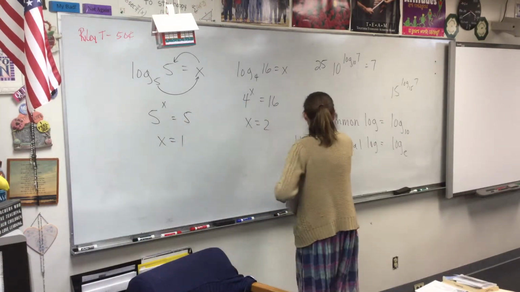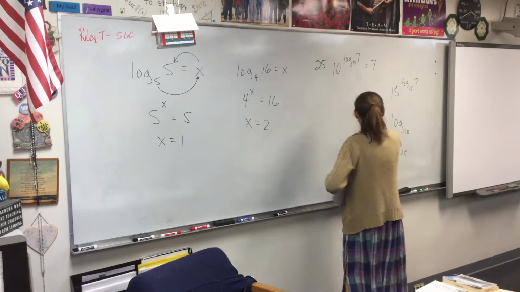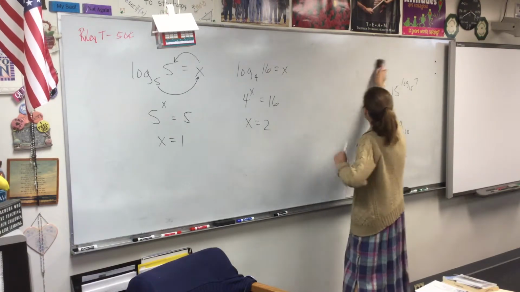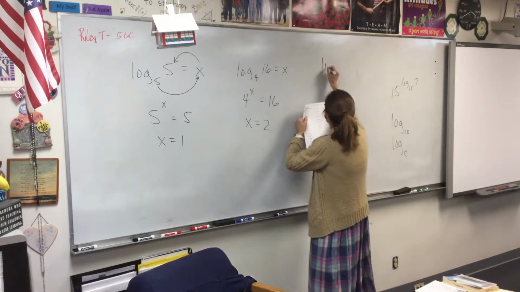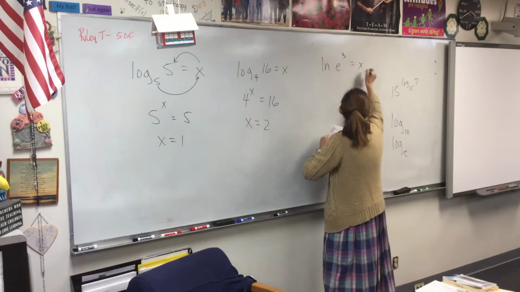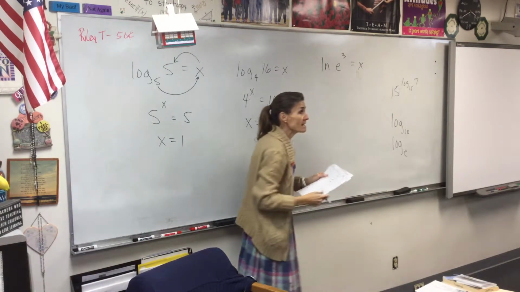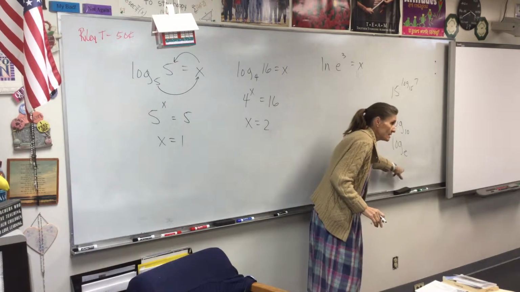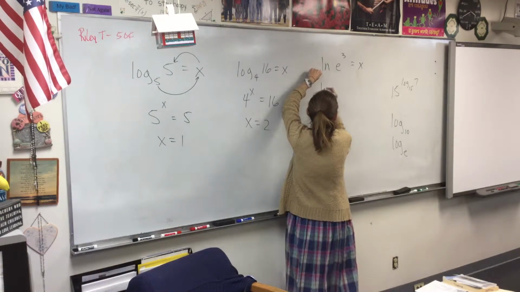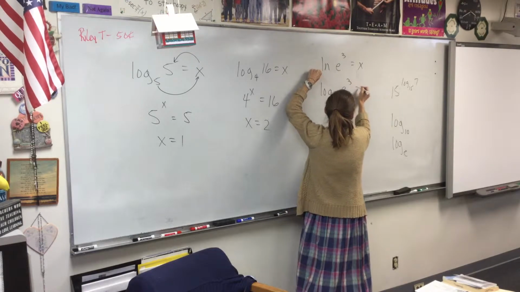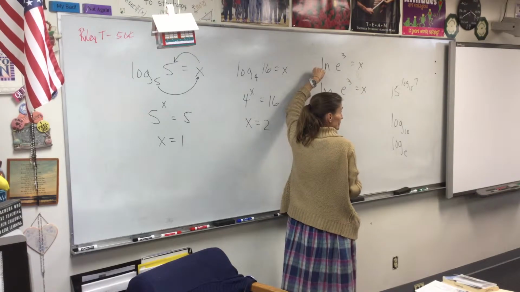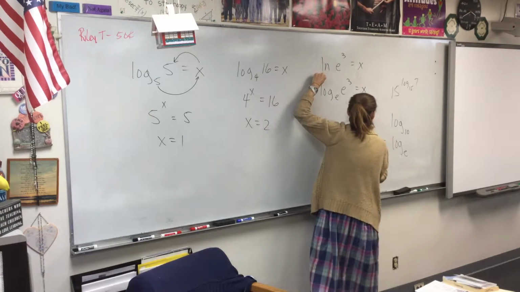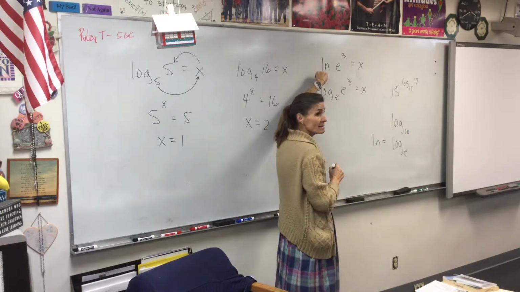Okay. Now here's the next one. And at first, you're a little bit baffled, but then you remember, what does ln stand for? Log base e. So I'm going to think of this as log base e. ln is the same as log base e.